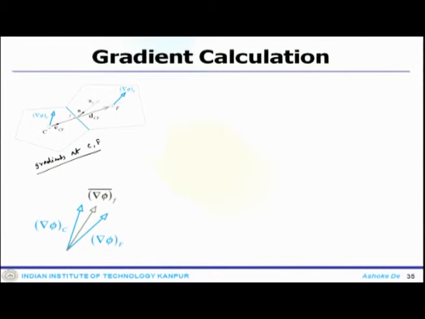When you want to calculate the flux, the delta phi at the face is some sort of averaging of delta phi c and delta phi f. That can be obtained by some sort of an averaging procedure.